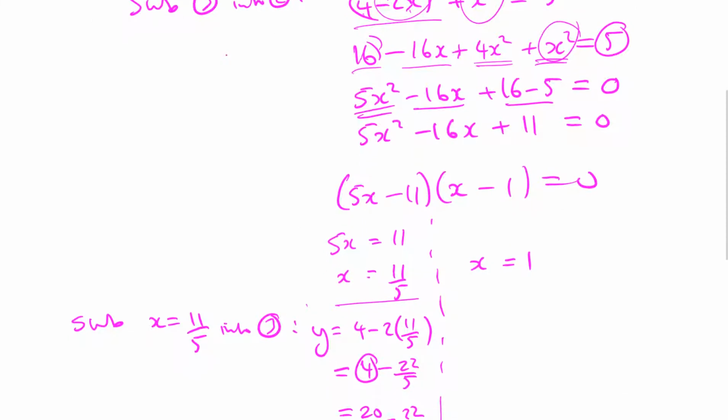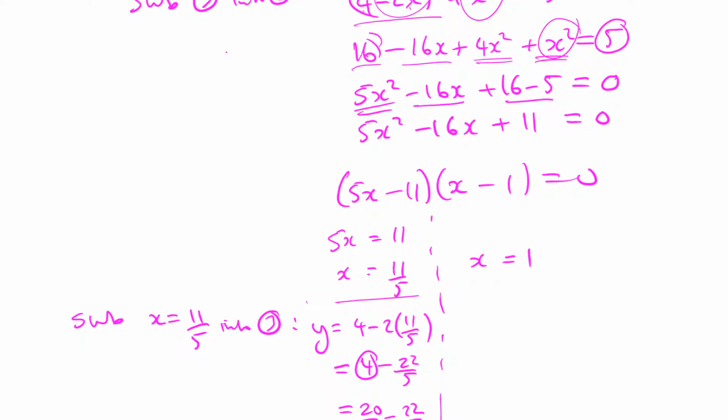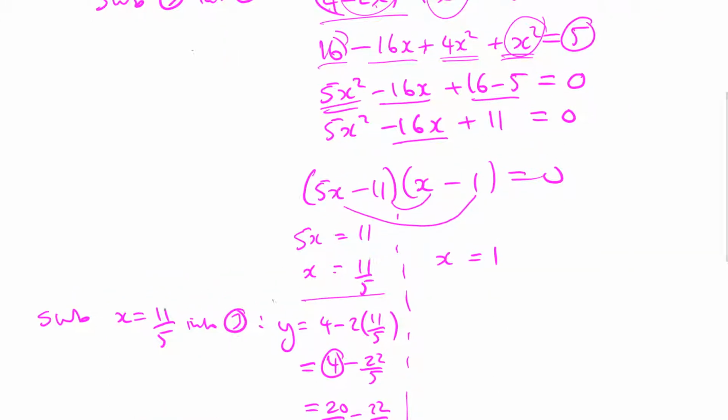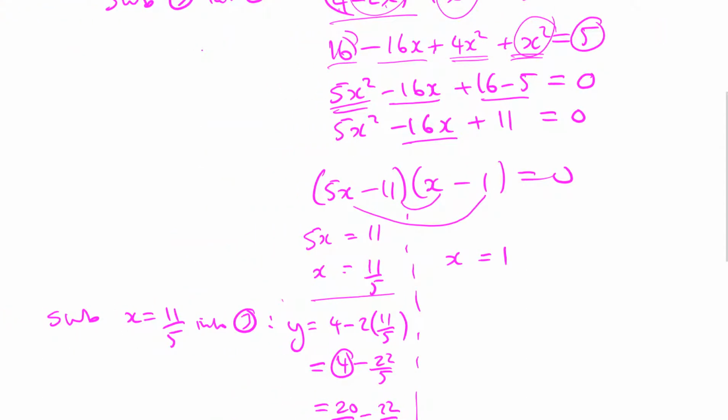Then we factorized it, and you can see it's definitely factorized nicely, because minus 11x minus 5x makes minus 16x. Let's write it down. 5x minus 11 equals 0. Do you know what I'm saying? And this one says x minus 1 equals 0.